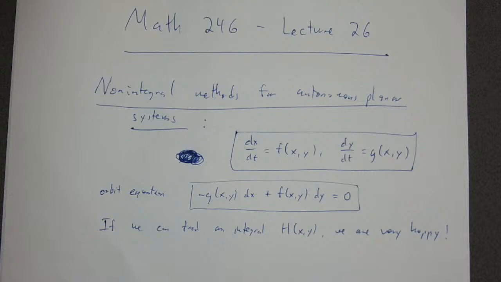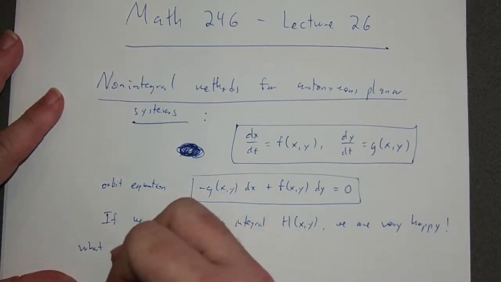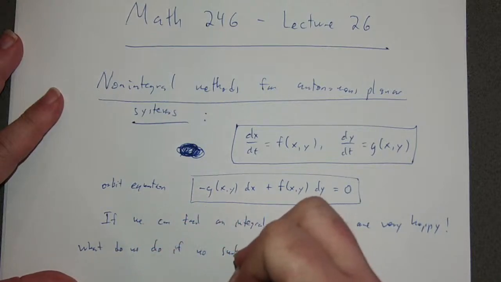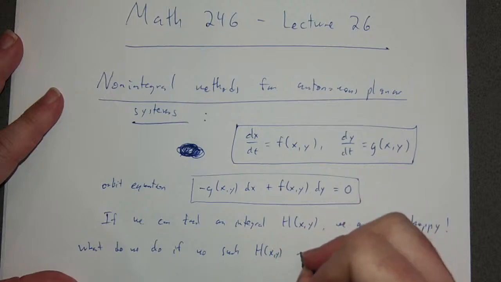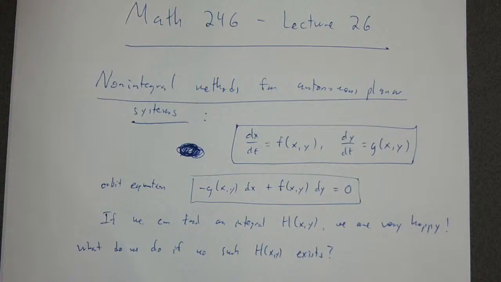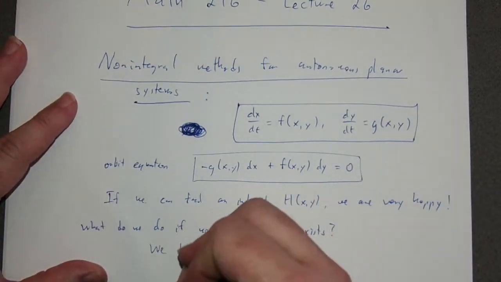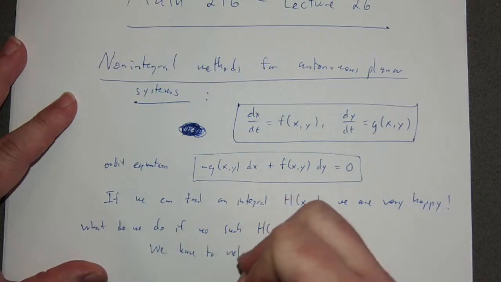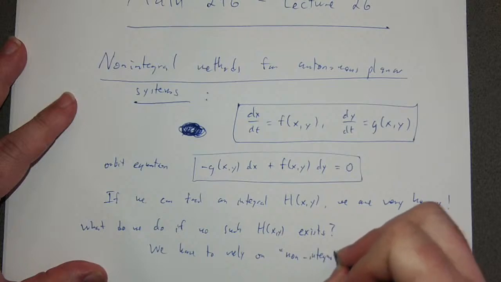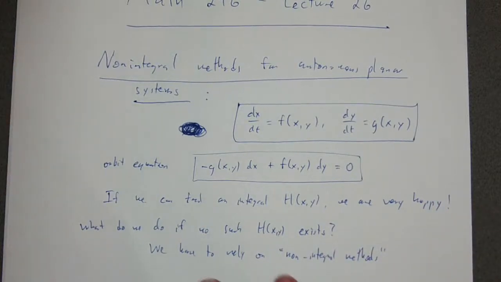Now, we know that sometimes we can't, so what do we do if no such h exists? All right, we have to rely on non-integral methods.